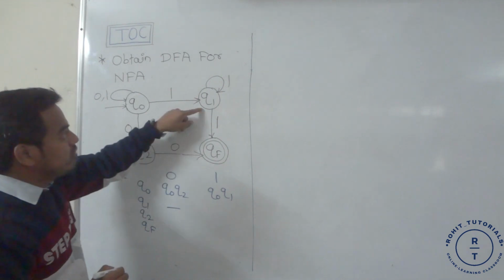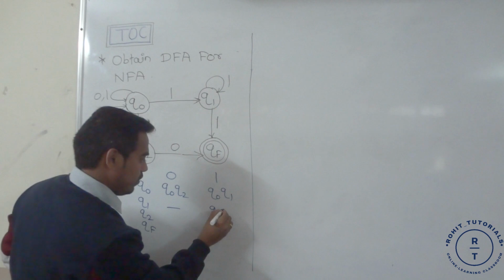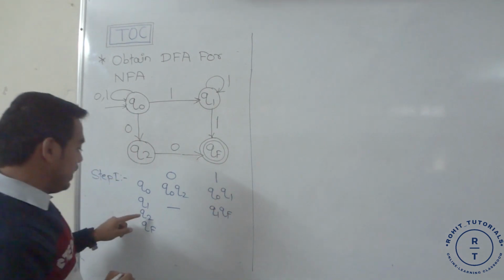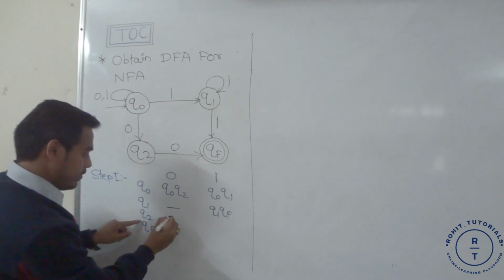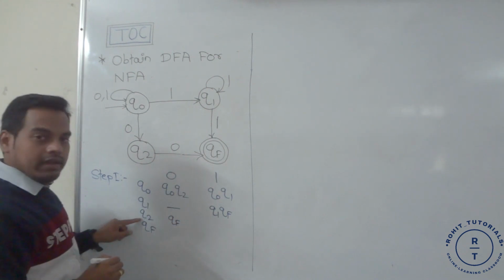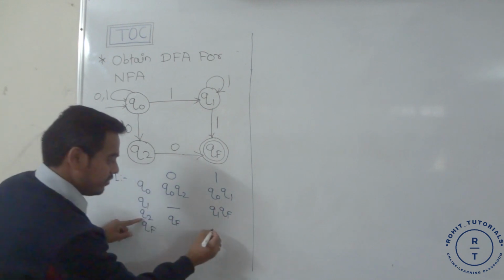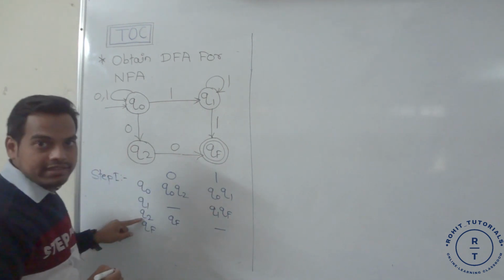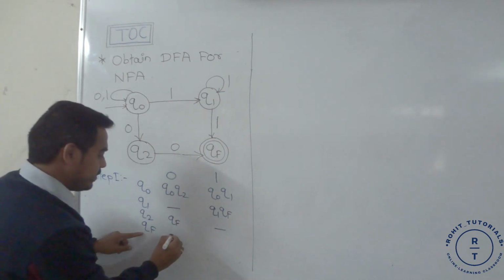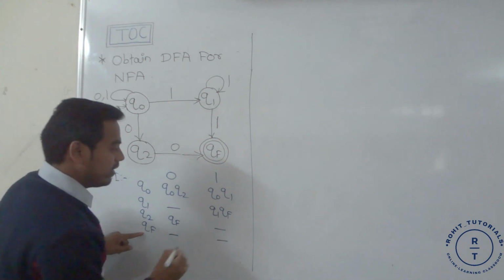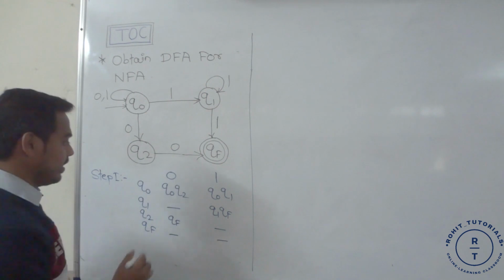At Q1 state, suppose 1 input occurs, it goes to Q1, Qf. At Q2 state, 0 input occurs, it goes to Qf. At Q2 state, for 1 input there is no transition, so keep it as a dash. Now at last, Qf state, no 0 transition is present, no 1 transition is present. So this is the state transition table for the given diagram.